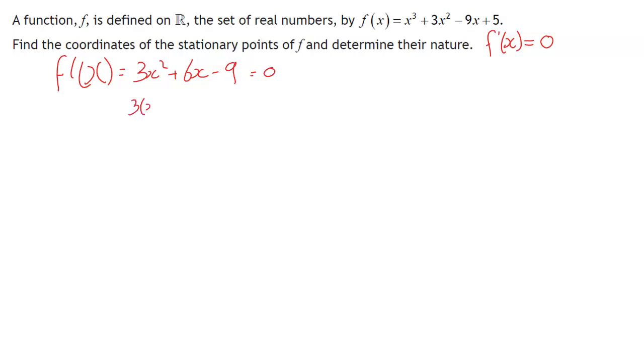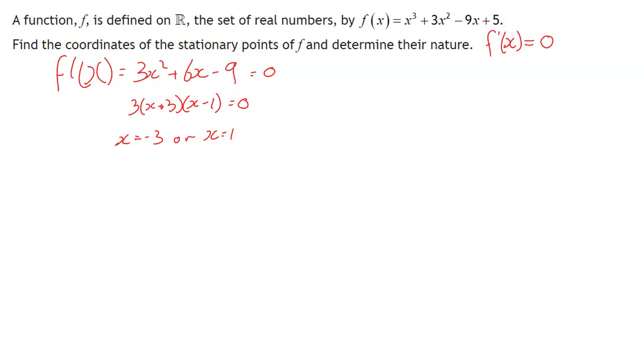So I'll end up getting 3 bracket x plus 3, bracket x minus 1 equal to 0. So I'll use a common factor first, then my trinomial technique. Once I've done that, I'll be able to get two solutions from it. x is equal to negative 3 or x is equal to 1. So those are the x values of the stationary points of the curve.